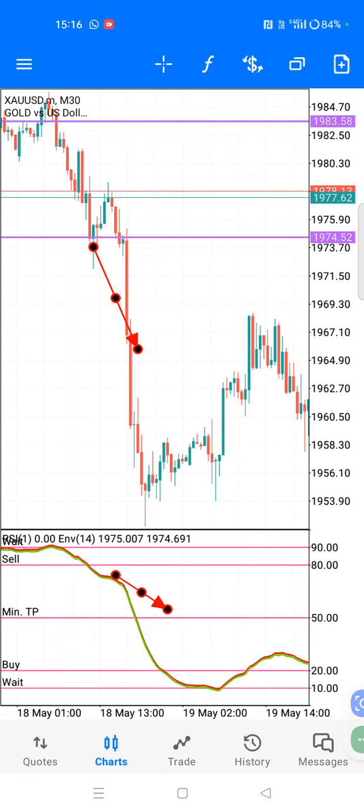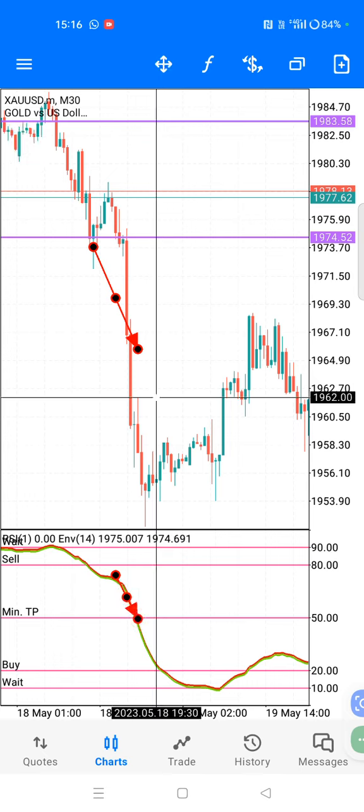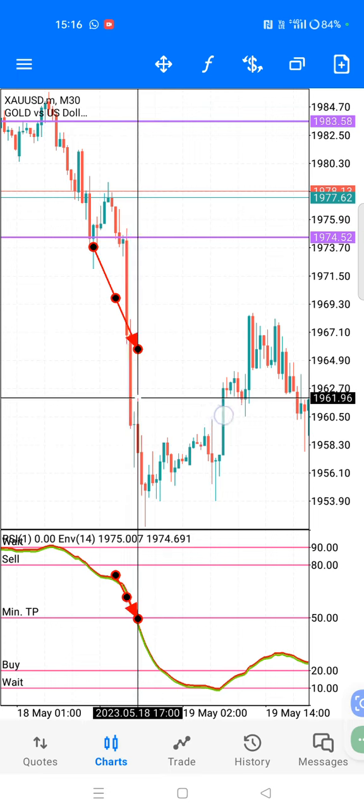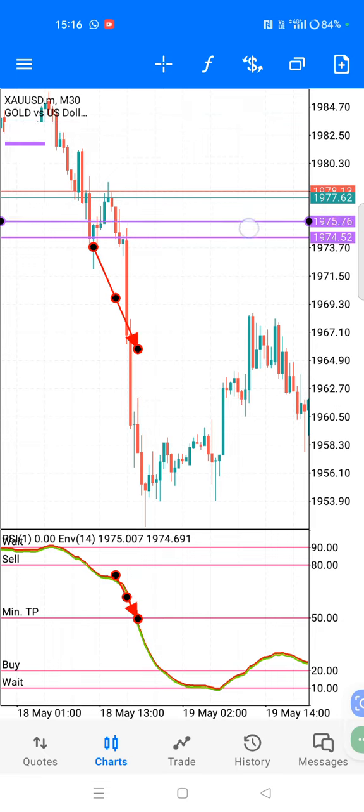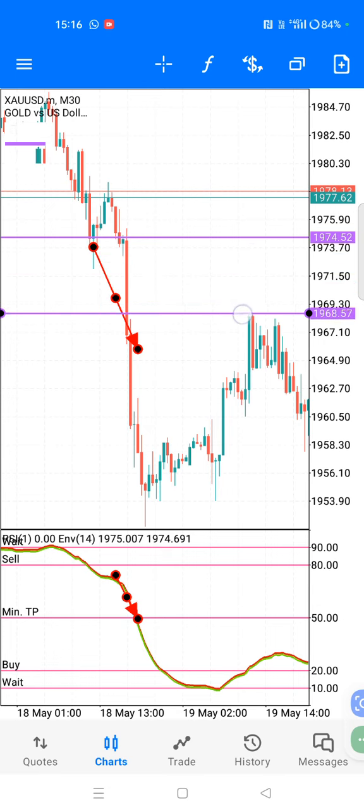So if it still hasn't crossed the 50, if you're a big risk taker, go on, stay on the trade. But then you should move your stop loss.